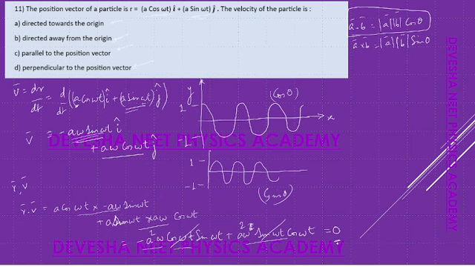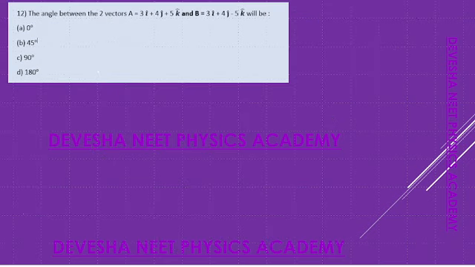If this entire thing is becoming 0, it means our hypothesis, the basis we took, that they are perpendicular to each other, is correct, right? So a dot b is equal to 0, which means they are perpendicular to each other. So the answer will be D.